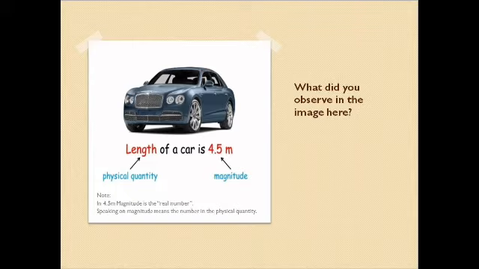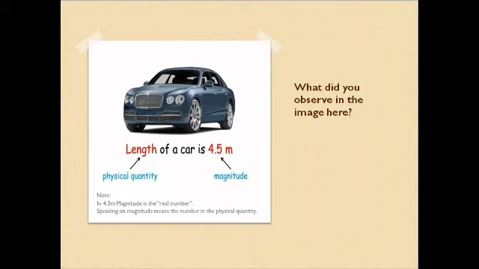Here the length is the physical quantity, that is the thing that we are measuring, and 4.5 meter is the magnitude of the measure. So here you can see in the first example the physical quantity with its magnitude.